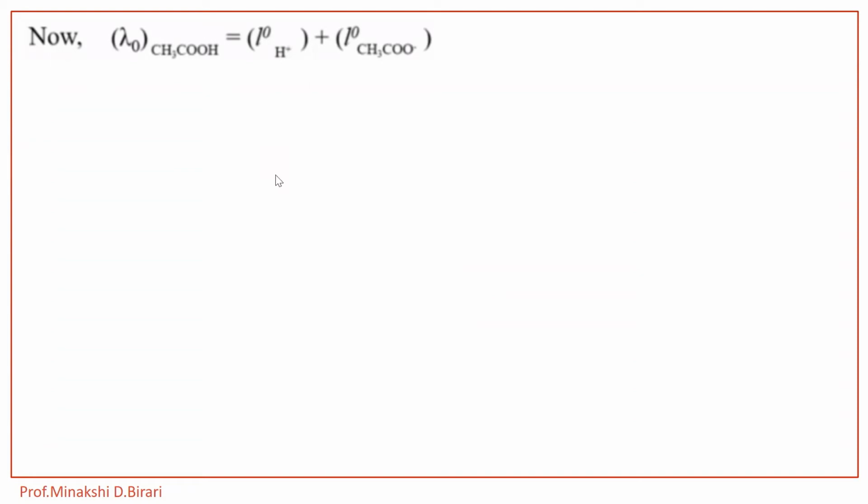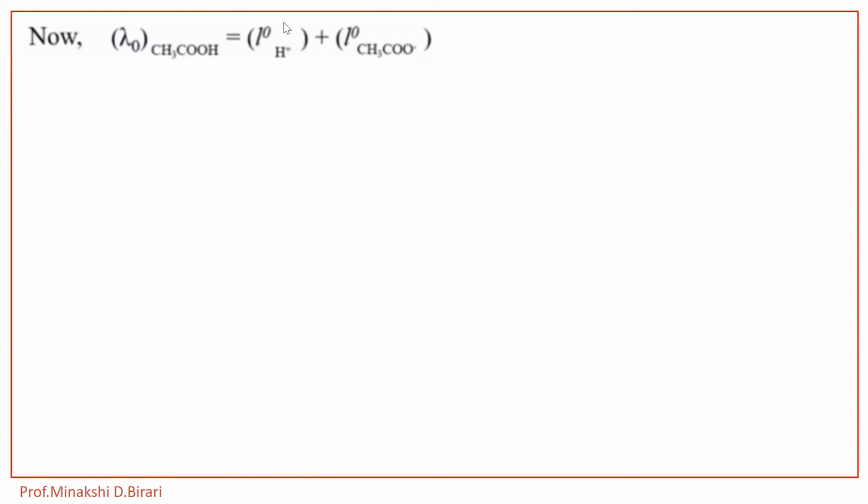Now we can take the example of acetic acid, that is lambda 0 of acetic acid, a weak electrolyte, is to be obtained by using this method. So here lambda 0 of acetic acid, equivalent conductance of acetic acid is equal to lambda 0 of H plus plus lambda 0 of acetate CH3COO minus.